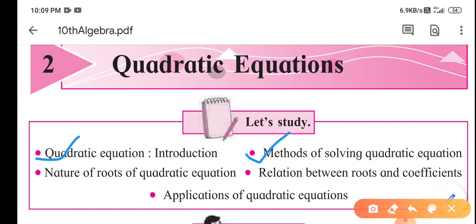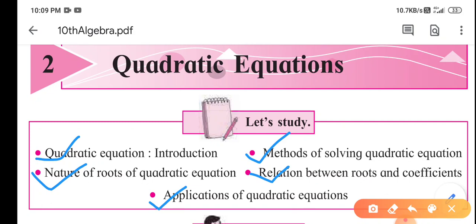Then we have to understand the nature of roots of a quadratic equation, then the relation between roots and coefficients, and after that the applications of quadratic equations, so that we are able to solve word problems based on quadratic equations.